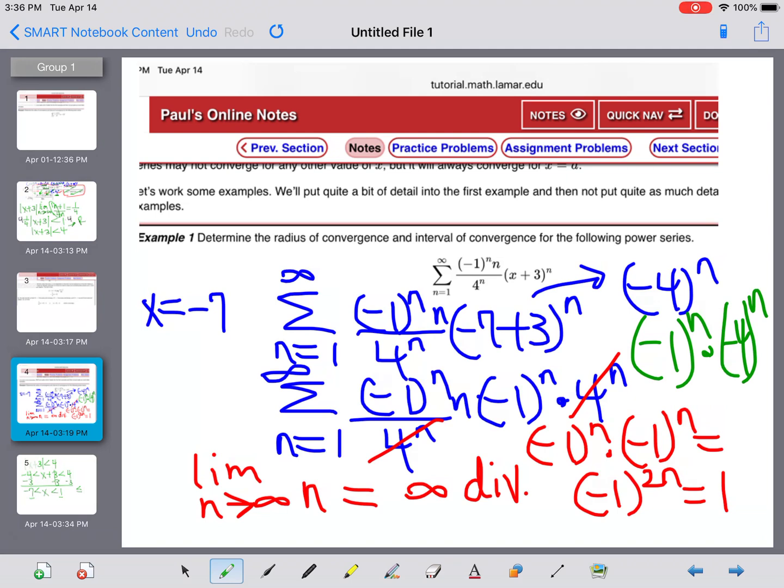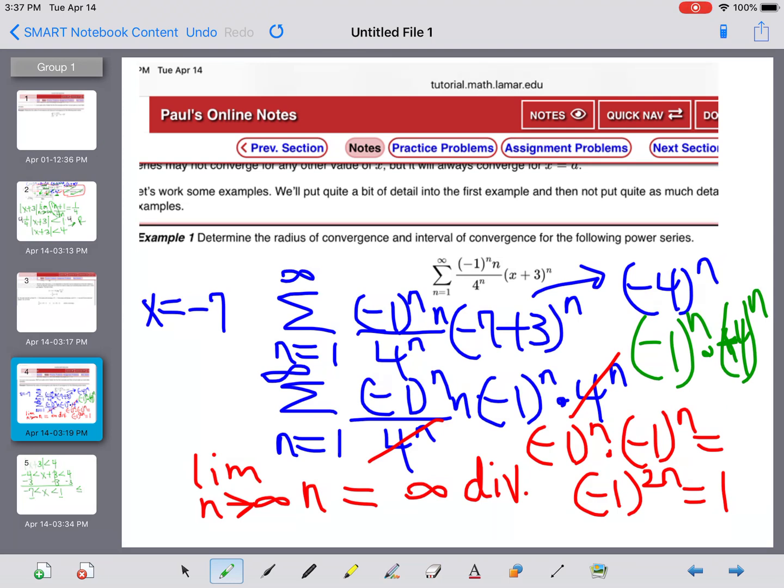And the 4 to the nth powers cancel out. Now, for the -1 to the n powers, we use the product rule for exponents. We keep the base -1 and add the exponents. So that would be -1 to the 2n power.